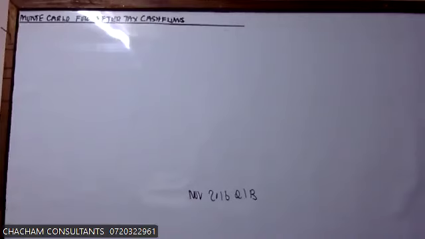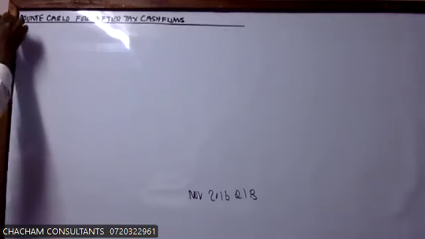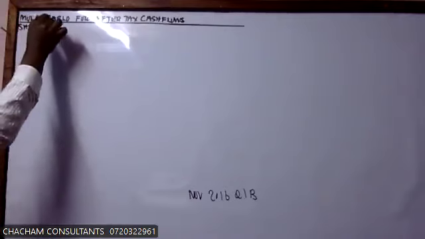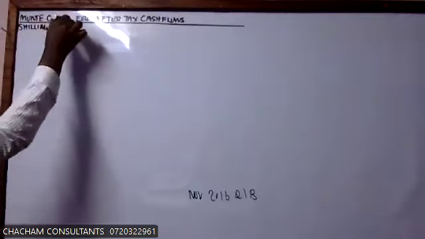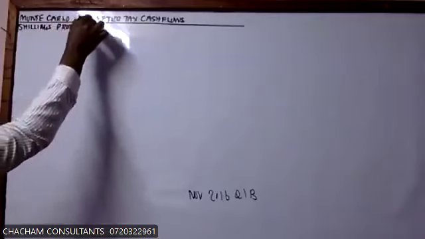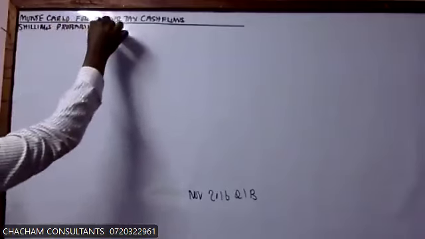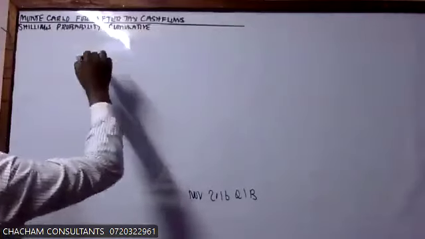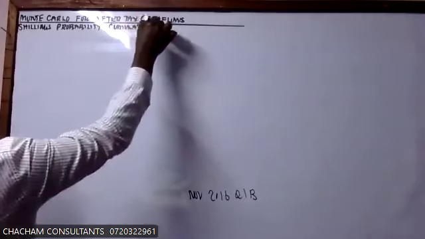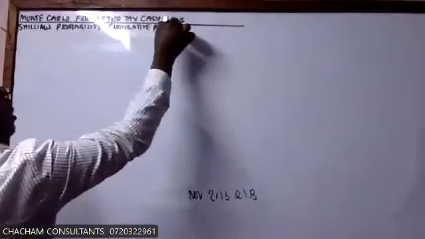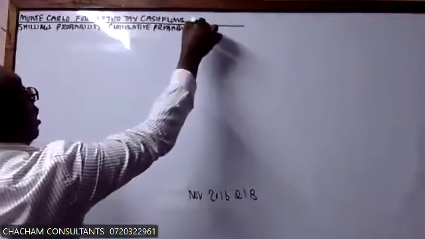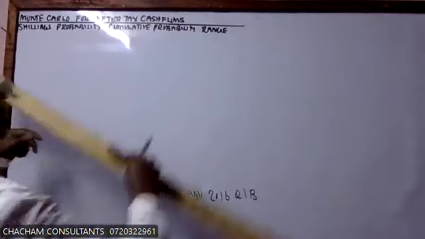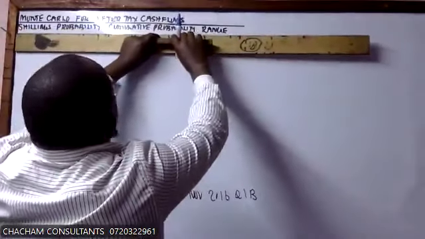Now, in the Monte Carlo, we will have shillings. We will have the probability. We will have the cumulative probability. And then we shall have the range.